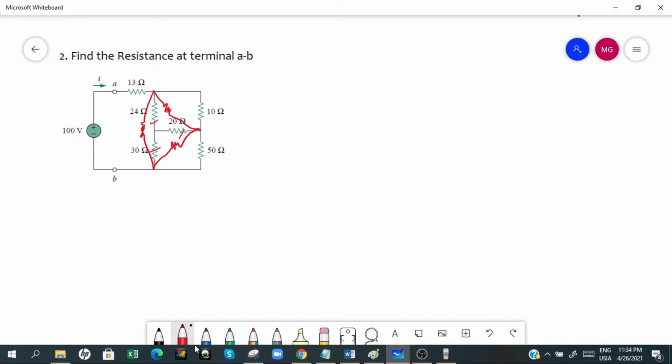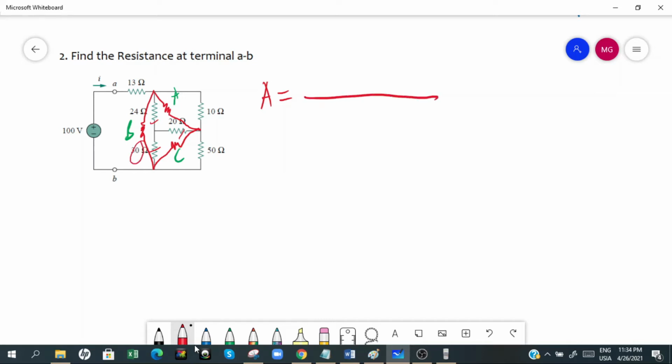Now I will call this one as A, call this as B, call this as C. So what will happen next is, to find A, since this is from y to delta, we need to look for the opposite of A. The opposite of A is here, the 30.